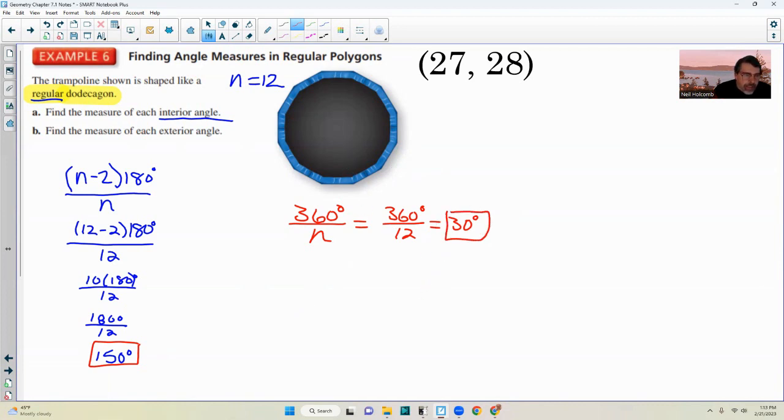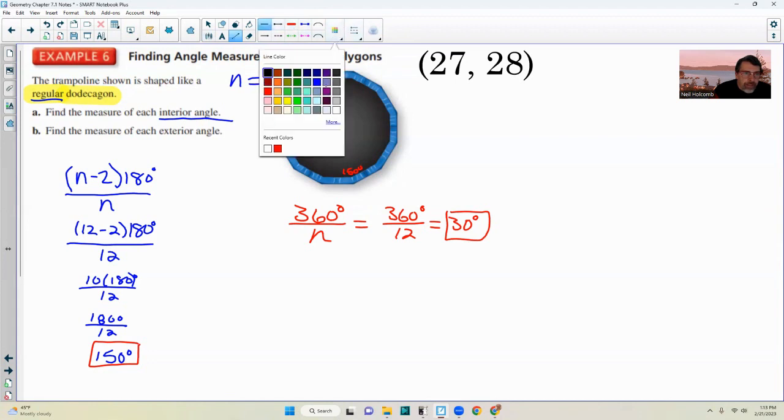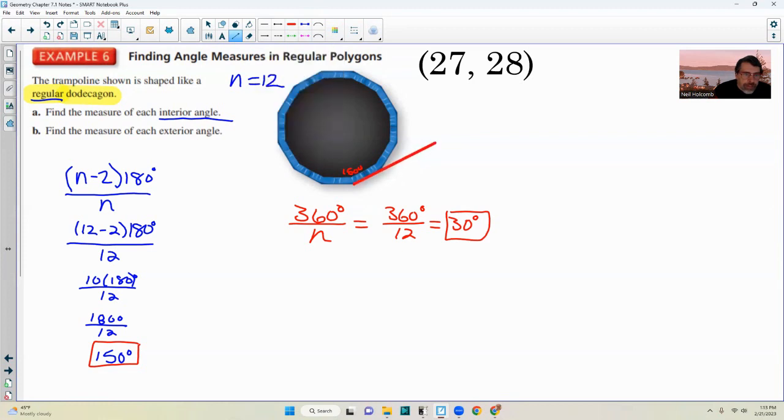This angle inside here is 150 degrees. And if I extended any of the sides, so if this is 150, I want to know what the exterior angle is at that juncture where I extend that side. Let me show it as extending this side right here.